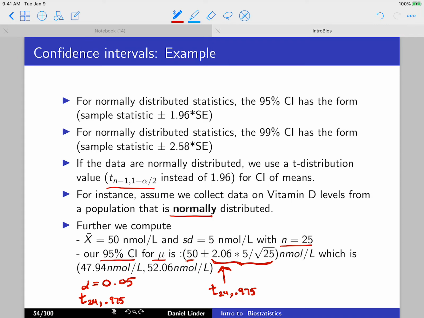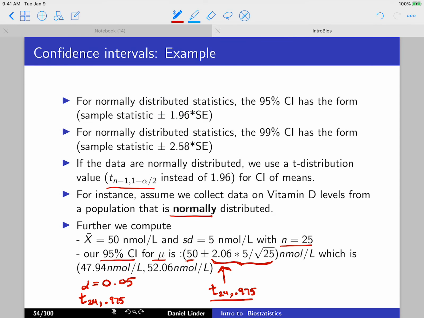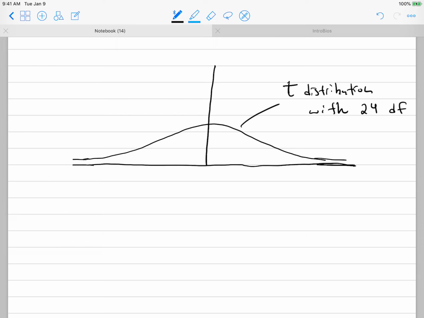And where does this guy right here sit? Well, that value would sit somewhere out here, so that would be your t quantile, 24 degrees of freedom, 0.975. So what does that mean?